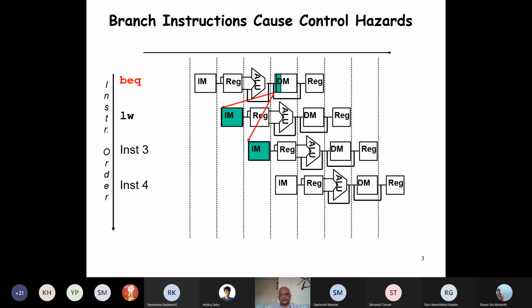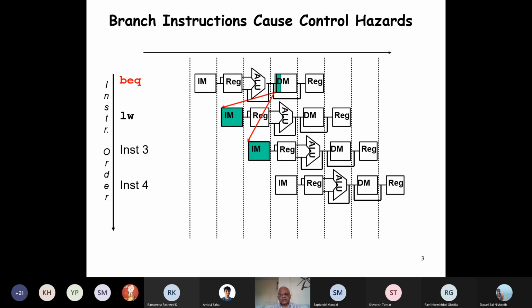Then there is a load word and, after it, another instruction shown. Now, for the load word instruction, which is the immediate successor of branch equal to, definitely we cannot use the result of the branch outcome. The branch outcome is known too late. By that time, load word would have been fetched.